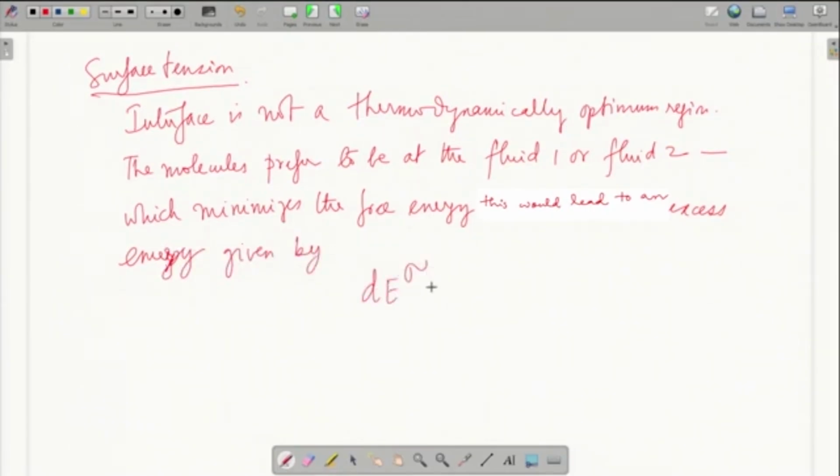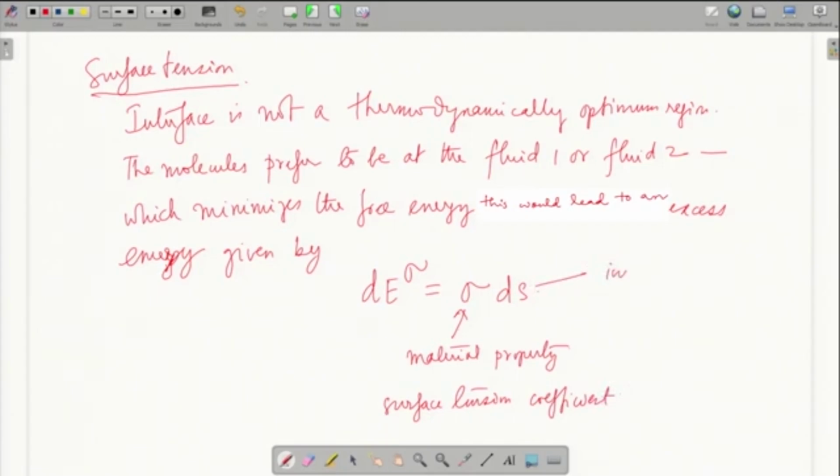dE sigma equal to sigma dS, where sigma is a material property usually referred to as the surface tension coefficient, and dS is nothing but the infinitesimal interface surface area.